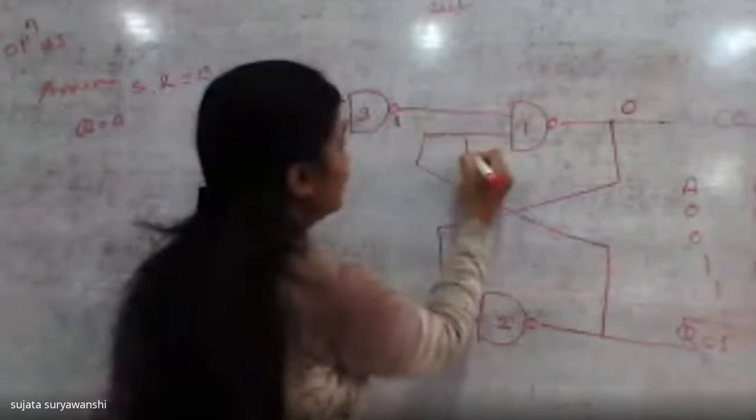But now, this 1, at least both... output will be 0. Means what?